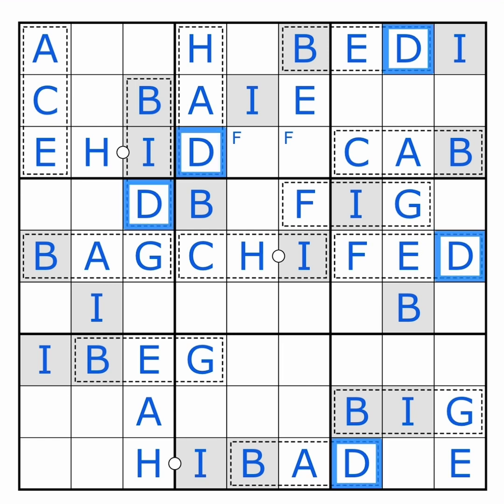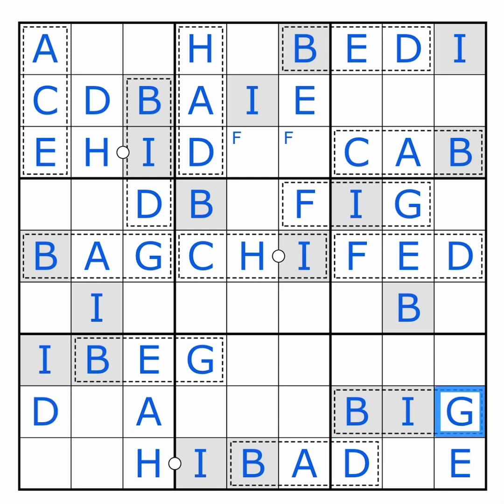The D's are still in limbo. There's a D there. And a D there. And one of those. G's, try G's again. There's a G there. There's a G in this row, therefore up there.